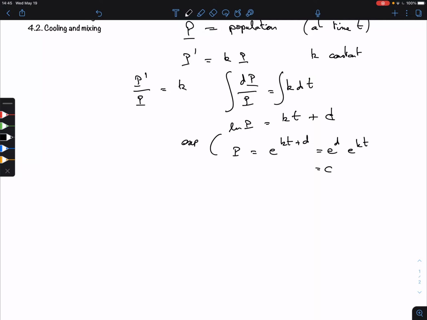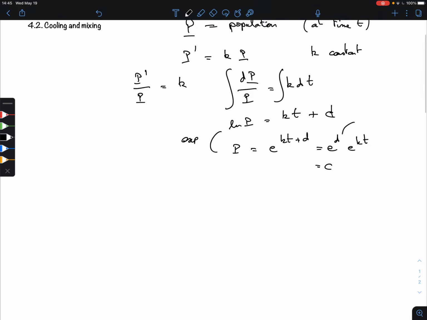So if we call this C, then our formula for population is C e to the KT. And C and K, of course, are determined by the situation.